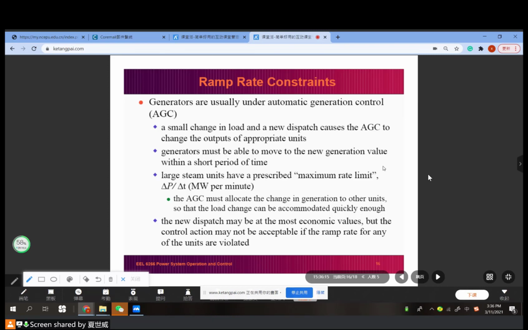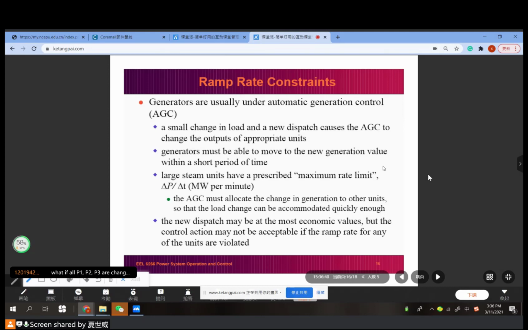A small change in load and a new dispatch causes the AGC to change the output of certain units. The generator must be able to move to the new generation value within a short period of time. That's the ramp rate. That means the generator's output can be adjusted very fast if the ramp rate is large.